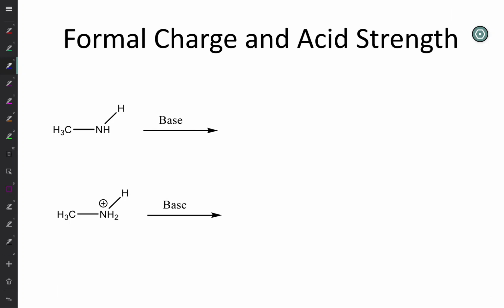So if we consider comparing an amine to a protonated amine, and where does that name come from, protonated amine? Well, it's an amine with a proton added to it, hence protonated.